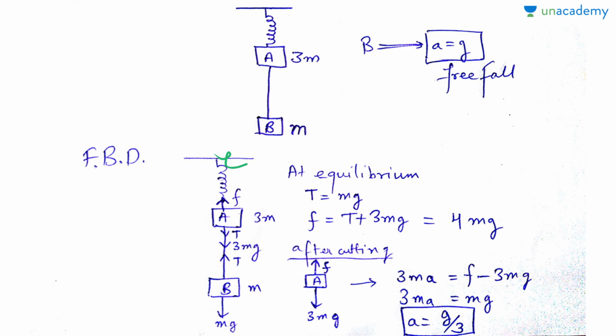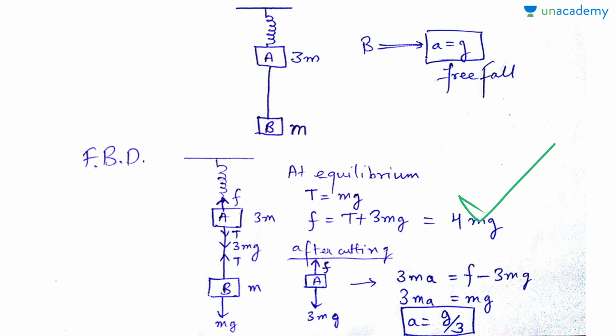So T will equal mg. Now F will be counterbalanced by T plus 3mg, because on A only these three forces are working. Putting the value of T, F is equal to 4mg.